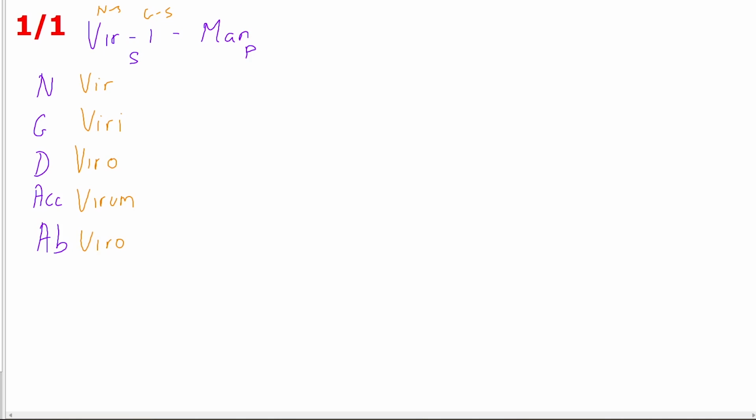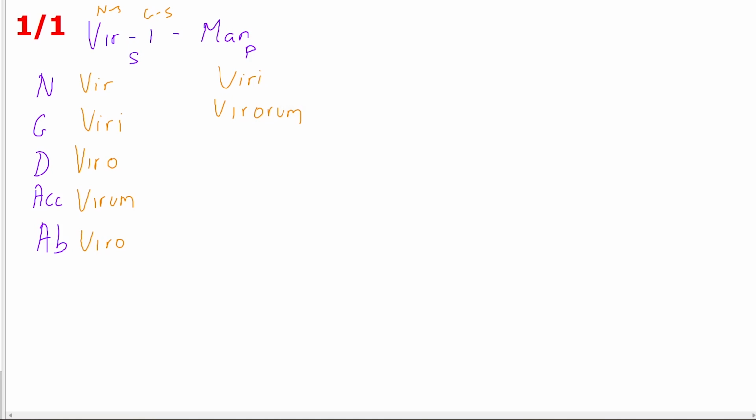Same will apply for the plural. We know that nominative plural and genitive singular are the same. Hence, nominative plural would be viri, then genitive ends with orum. So, virorum.